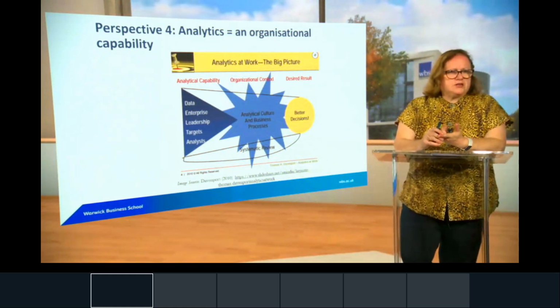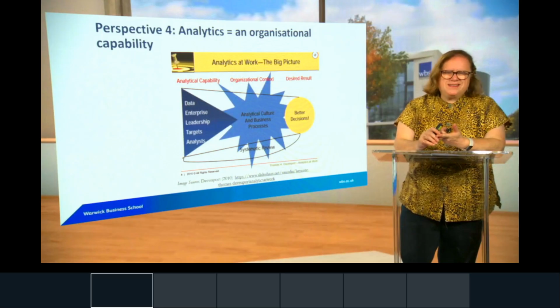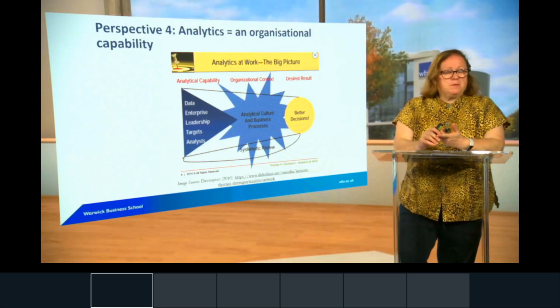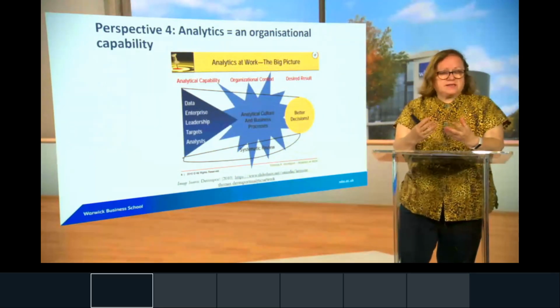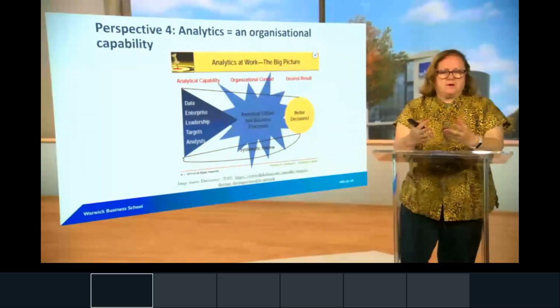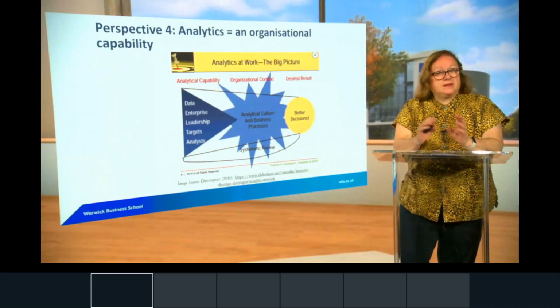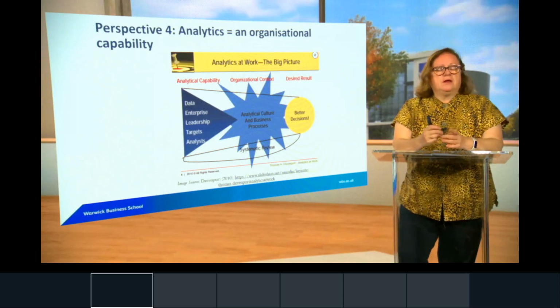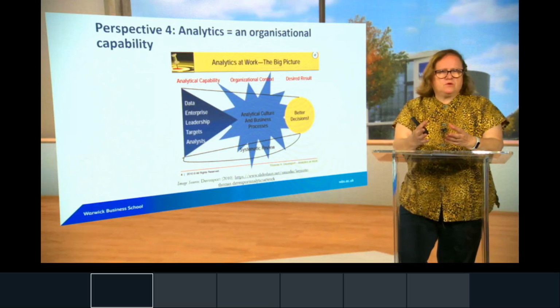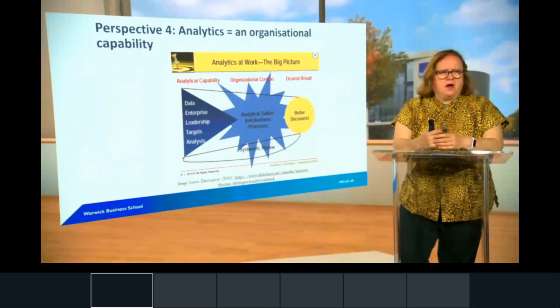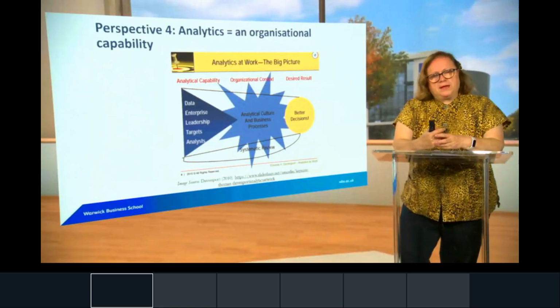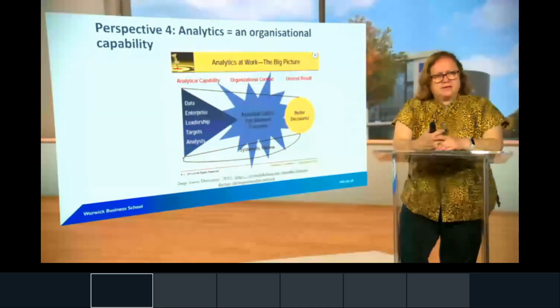It's an organizational capability. So what is a capability? Capability is, if you like, the skills that the organization has. Well, obviously the organization doesn't have skills, does it? It's the people in the organization that have the skills. So analytics is an organizational capability. It's a collection of skills that the people within the organization have.